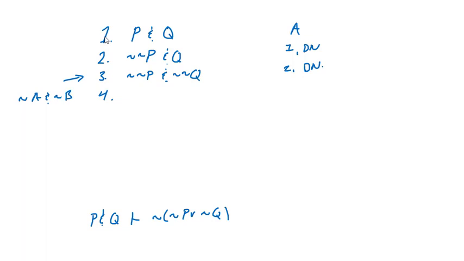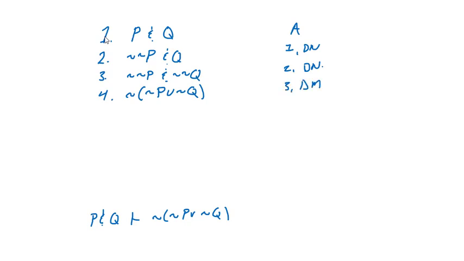Where our A is not P and our B is not Q. Okay, so now I can apply this equivalence in the reverse direction by De Morgan's to write it's not the case that not P or not Q. And that is just going to be by 3 and De Morgan.